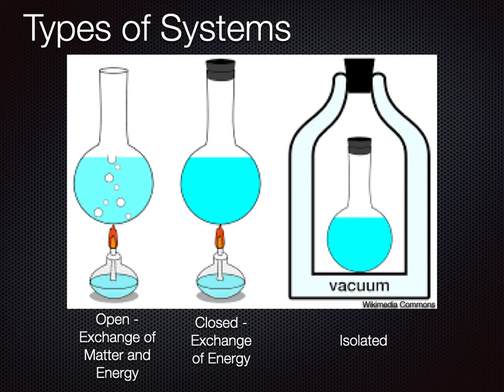And then we have this last process, which is called an isolated system. In the isolated system, we have it contained in such a way that we're controlling all of the heat in the system so that there's no gain or loss. Typically, we'll want to run some kind of an isolated or near isolated system when there's a chemical process going on inside that flask.